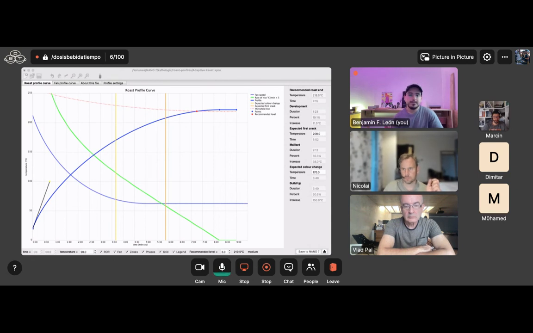The reasons that make the most sense to me are that while we see temperature and time in the graph of any roasting curve, we don't really see pressure, which is a really important factor to consider throughout roasting.